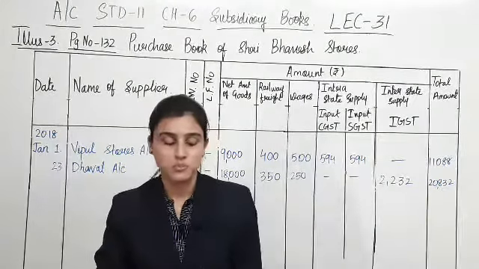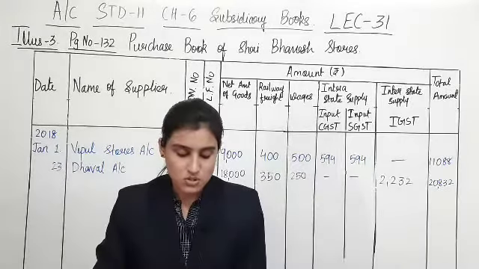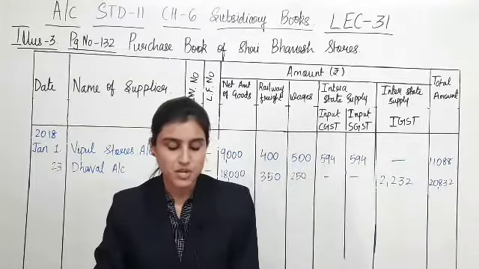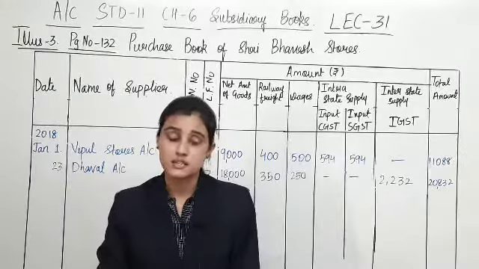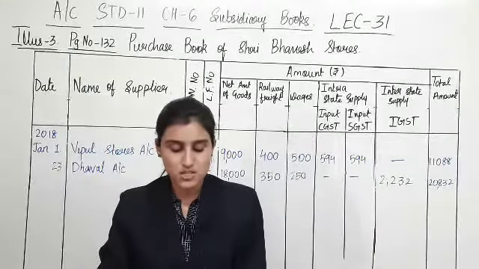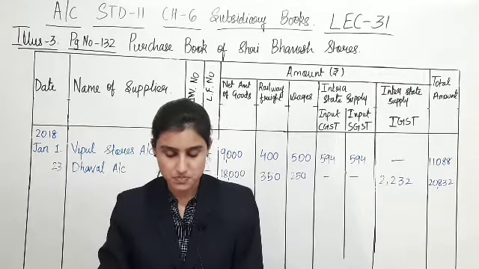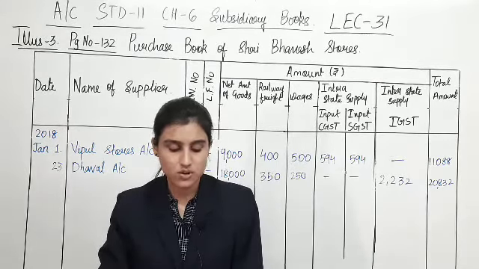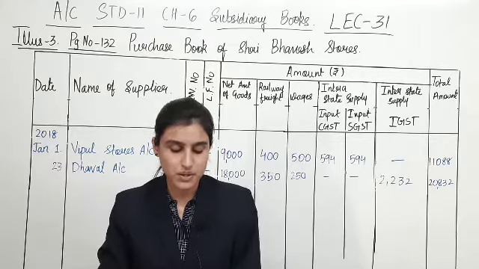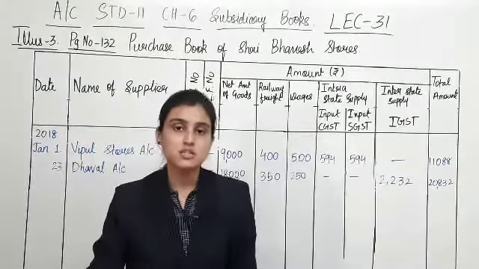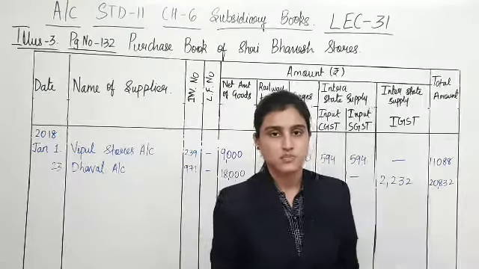So the next one, on 25th of January, a machine which is an asset, a machine of rupees 12,000, is purchased on credit of 1 month. Labor charges of transportation of 1,000 paid in cash. Firstly, machine is an asset.